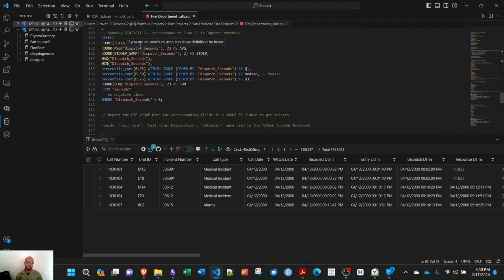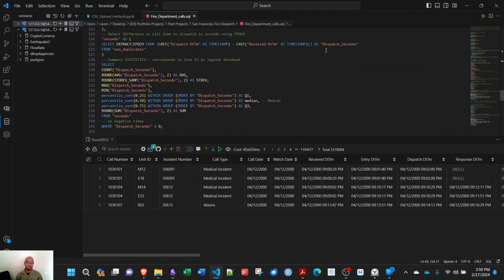I'm looking at a count of the dispatch seconds, the average dispatch seconds, standard deviation, sample, because this is not all the dispatches in the entire San Francisco fire department of all time. This is, even though it's 6 million records, or more like 3 million now, it's still going to be a sample.